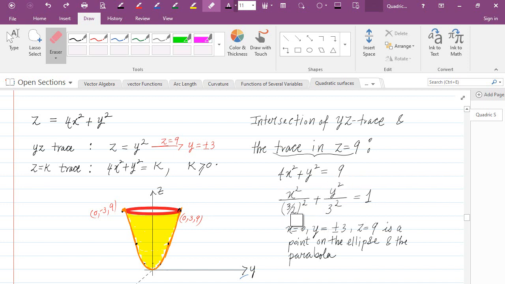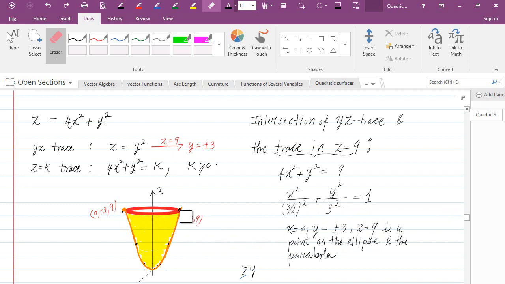then I see that two of the vertices of the ellipse would be at the points 0, plus or minus 3, and z equals 9, because I'm taking z to be 9. So two of the vertices would be right here and here, at the points 0, plus or minus 3, and 9.